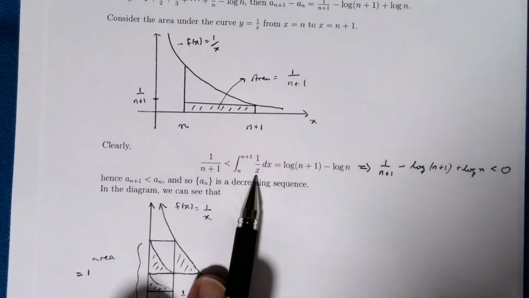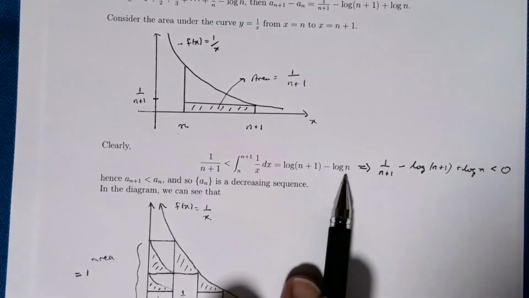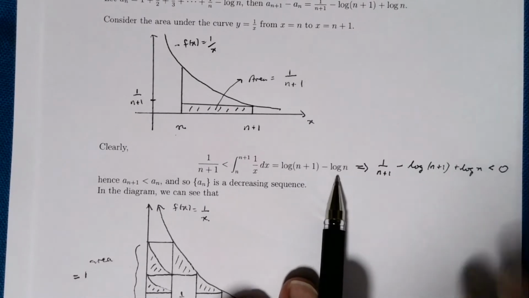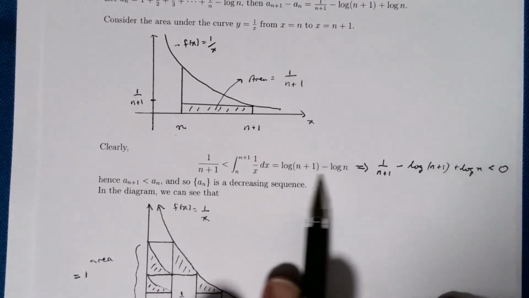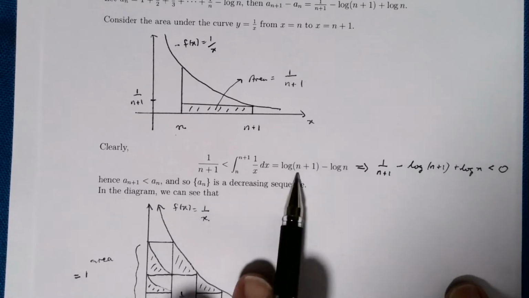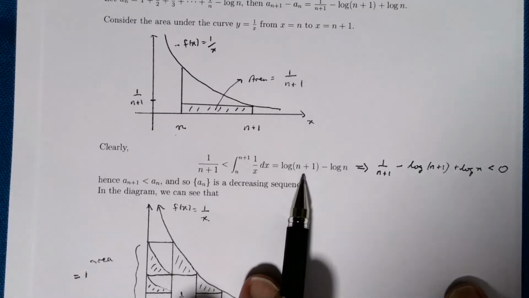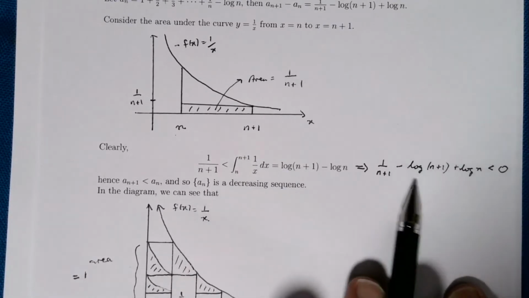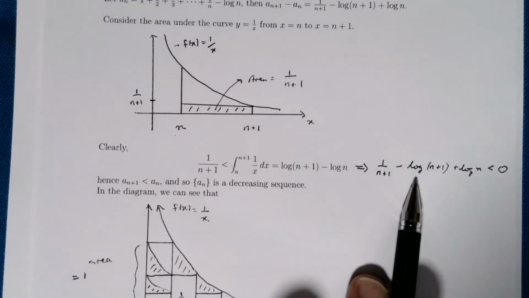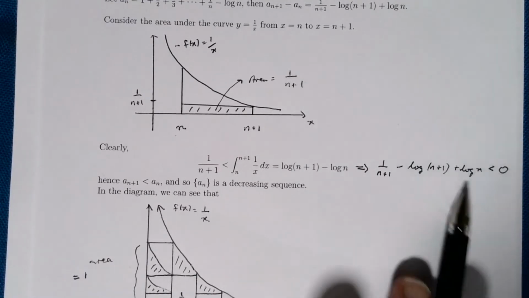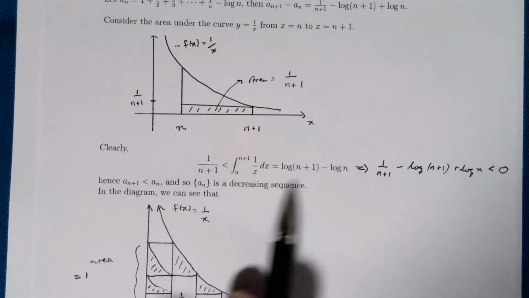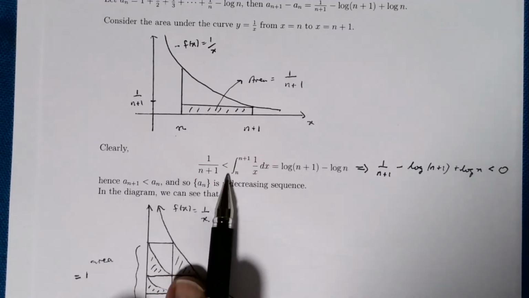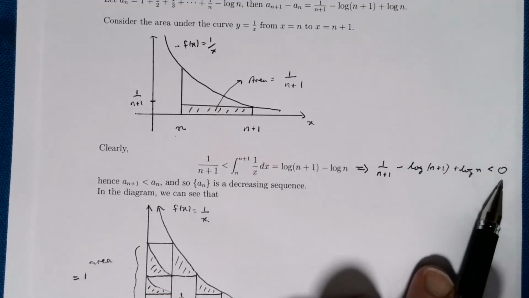It integrates out to log; put in the endpoints and subtract. Now I'm going to rearrange this inequality: taking these terms onto the other side, it becomes minus log(n plus 1), and the minus log n on the other side becomes plus log n. So this is less than 0, i.e. this thing is negative.